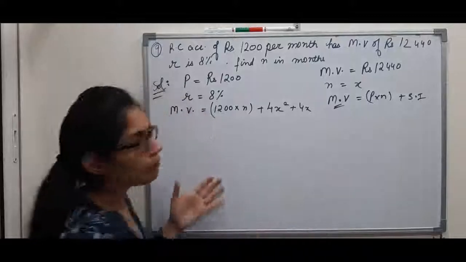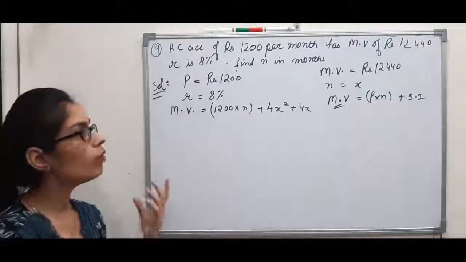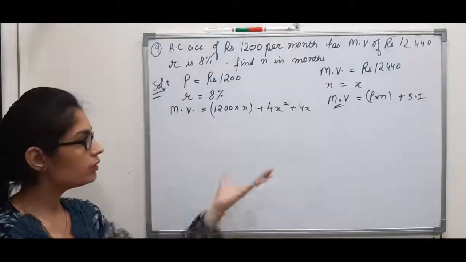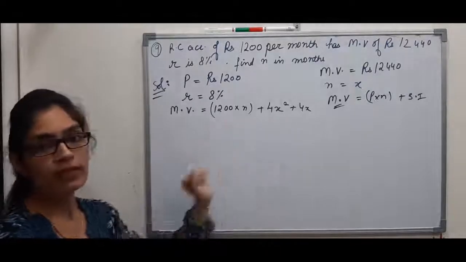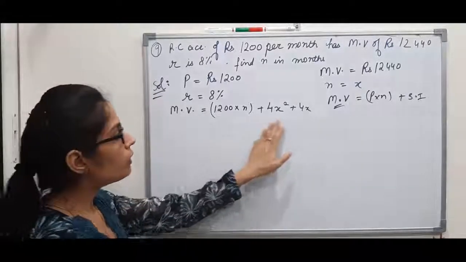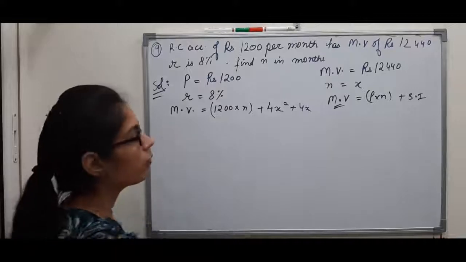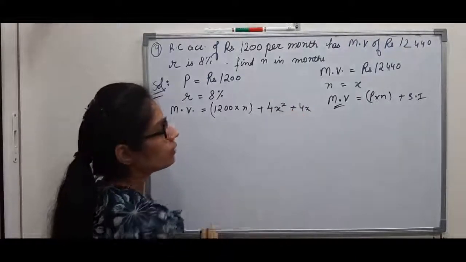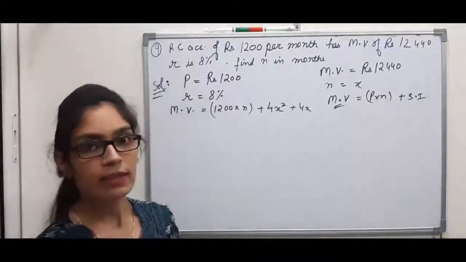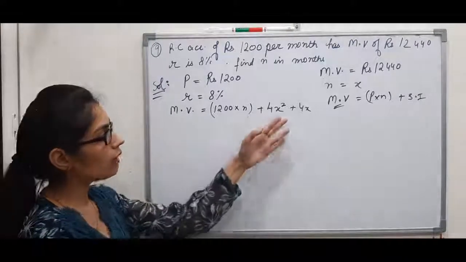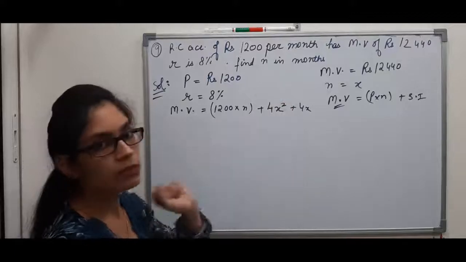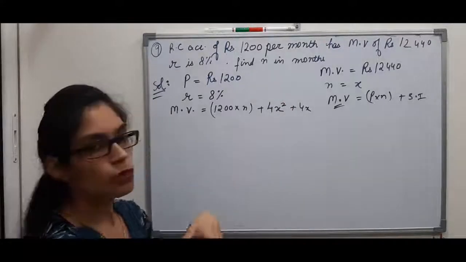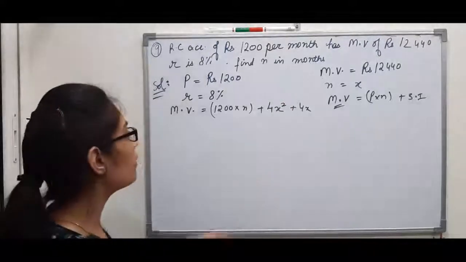Now earlier when you were calculating your value of R or P, you were getting this in the form of a linear equation, but now you will get it in the form of a quadratic equation. Since the power of x is now 2, it's no longer a linear equation. Linear equations you were easily calculating, but now this exponent is 2, which means this is your quadratic equation.